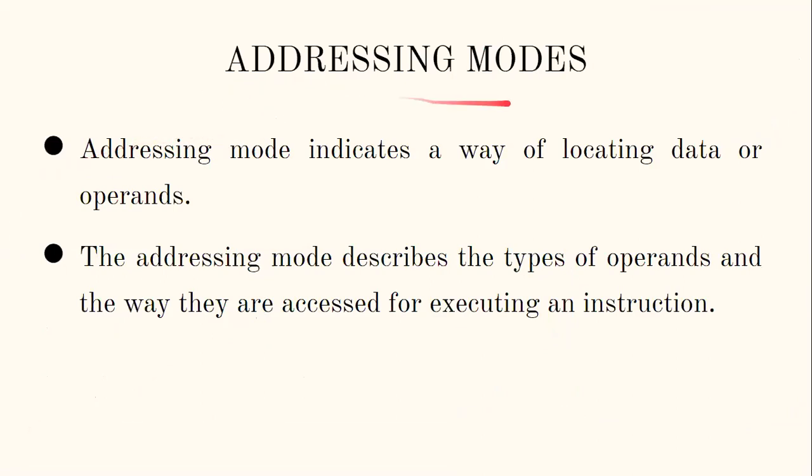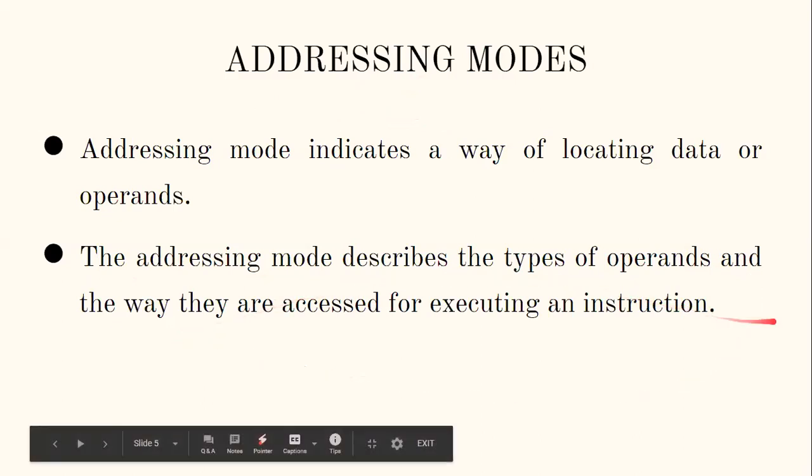So what are addressing modes? An addressing mode indicates a way of locating data or operands. Either we get the data directly in the instruction, or through a register, or through a memory location, or any other method specified by the addressing mode. So the addressing mode describes the types of operands and the way they are accessed for executing an instruction.